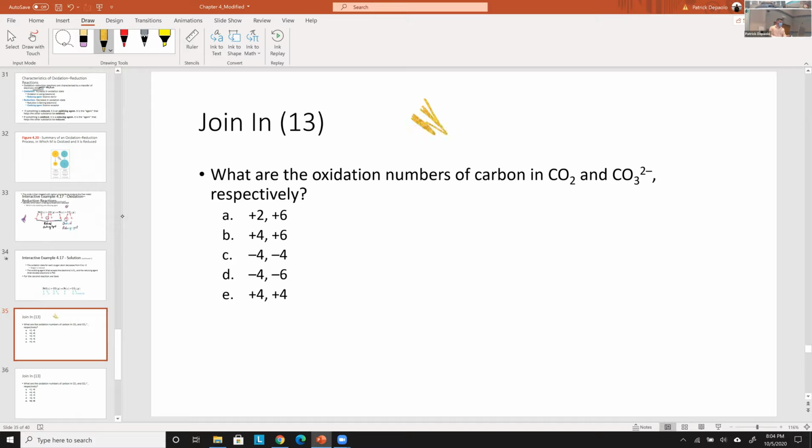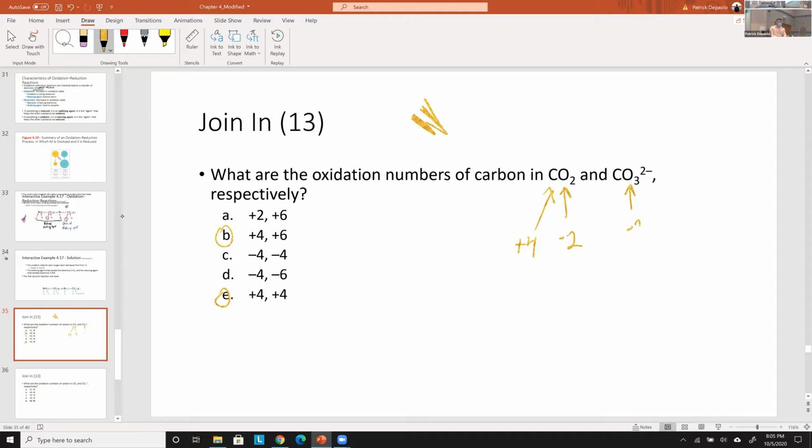Cool. All right, so oxygen here is -2. Carbon, we just did this one, +4, because there's 2 -2s, so +4. So we know that it's either going to be B or E. Now let's look at CO3 2-. In this case, we have a -2 charge as the total charge. We also have 3 oxygens this time.